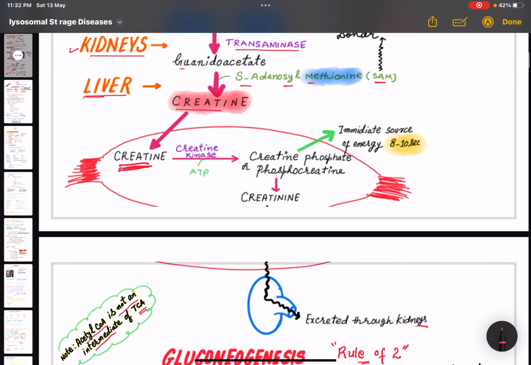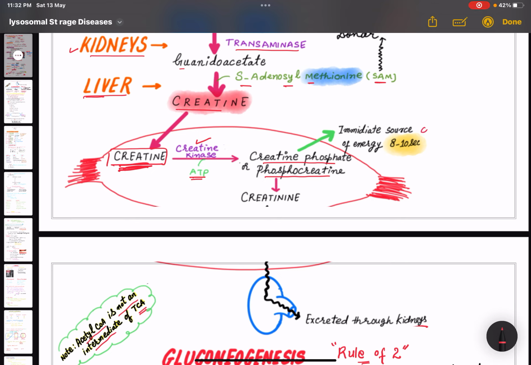Now this creatine is going to enter the muscle where it gets converted into creatine phosphate, also known as phosphocreatine. Here the enzyme is creatine kinase, and the kinase uses ATP.